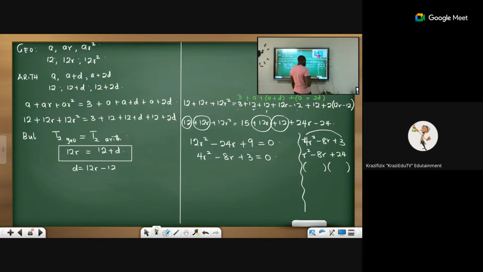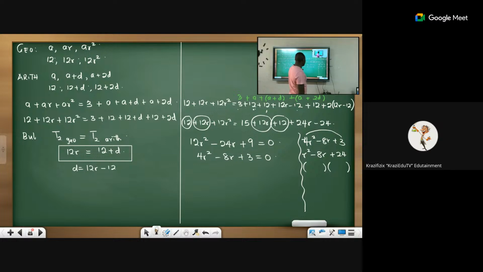And I want 8. 24 is 12 and 2, that's 10. Yeah, 6 and 4. Please, let's make sure we got all the maths right, because it's going to affect our substitution. 6 and 4, 12 and 2. What else? 24 and 1.